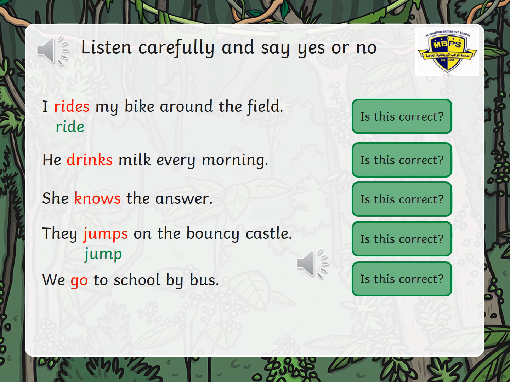Now KG2, listen carefully and say yes or no. You've got sentences here and you've got the pronouns. There they are. I, he, she, they, we. And next to them in red, you've got the verb, the doing word, right? Let's try to remember now. You've got the pronouns he, she, it. Three of them.